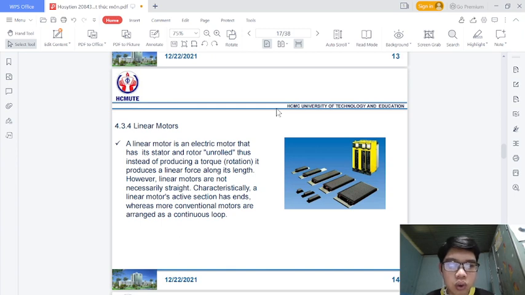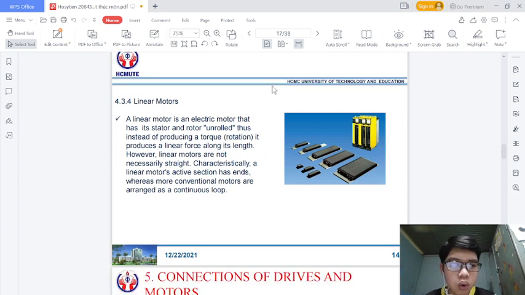However, linear motors are not necessarily straight. Characteristically, a linear motor's active section has ends, where more conventional motors are arranged to operate in a continuous loop.